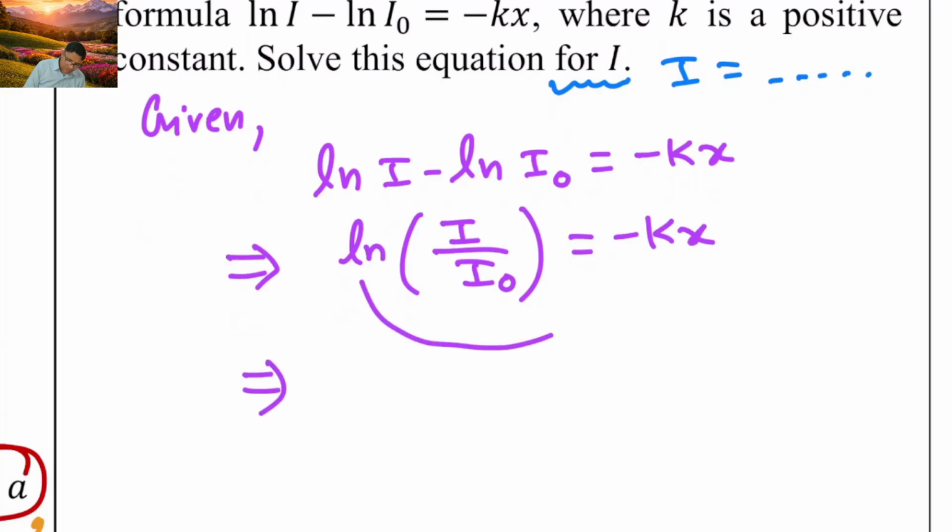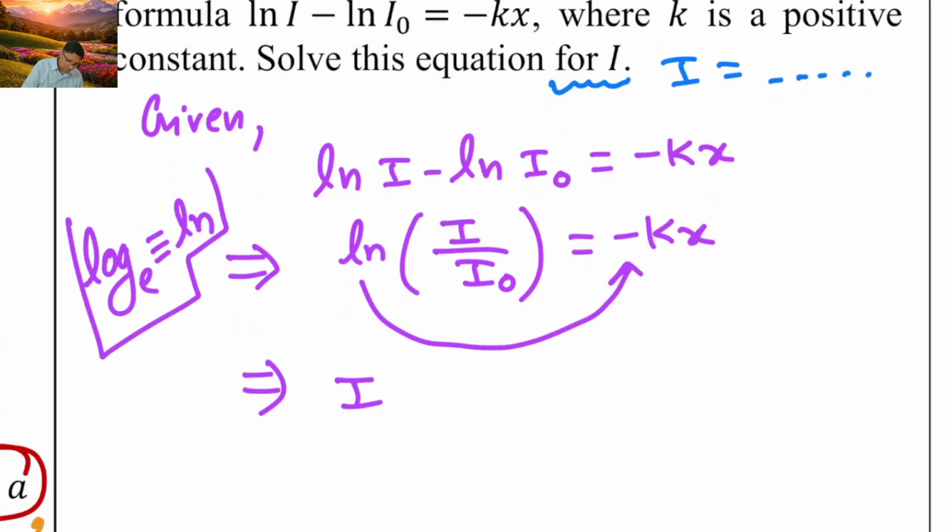Now the natural log, if you find its inverse, which I say taking to the other side, I mean writing its inverse, becomes the exponential function, right? Natural log, what is the base? Remember, log e is written as ln. What I'm writing on the right side here is for you to remember: ln is natural log, which is log with base e.